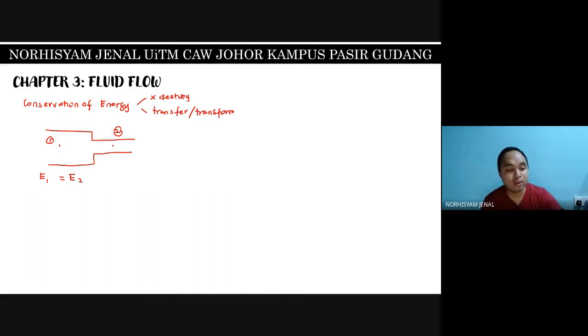Okay, so the energy that will be involved over here is based on different kinds of energy. Number one is potential energy. I believe this is the one that we usually study in physics in high school. Number two, we have kinetic energy.